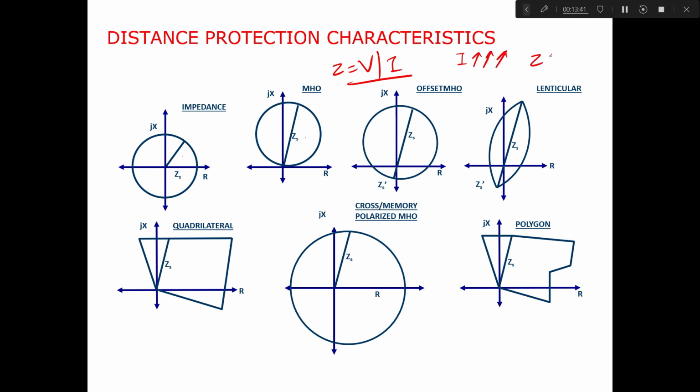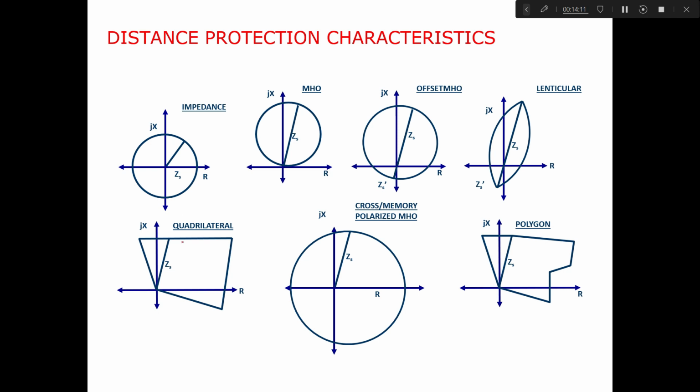Then your Z will keep on decreasing, and at some point it might happen that your load characteristic might enter inside the characteristic of your protection zones, and it might maloperate. So to take care of that, a lenticular characteristic is used, which is an offset mho that is compressed from both sides. Now if you see, this area is trimmed, and that's why this is not going to be affected during the load encroachment period.